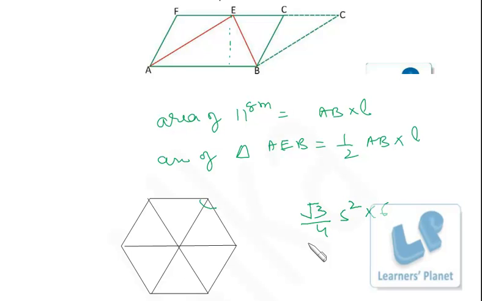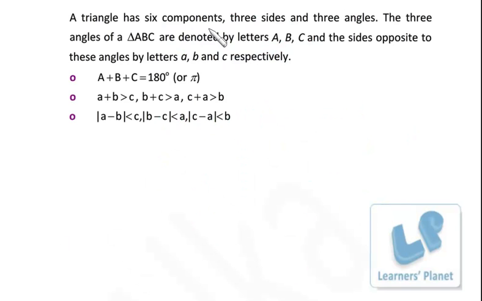Now we discuss some important points related to triangles, where we'll be using the trigonometric ratios also. Okay, so let's begin, and these are very important also, just note them down. A triangle has 6 components, 3 sides and 3 angles. The 3 angles of triangle ABC are denoted by letters A, B and C, and the sides opposite to these angles by small letters a, b and c respectively.